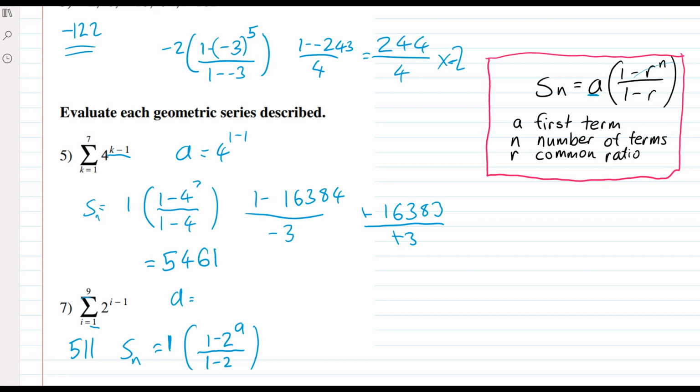So 1 minus 512 is negative 511, over -1, and 1's outside the brackets. And then all of that just translates to a straight 511, which is our answer over there.